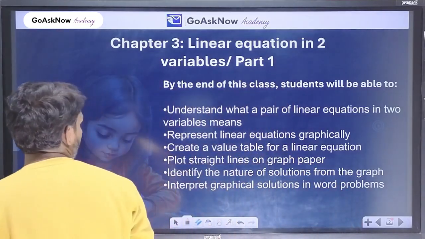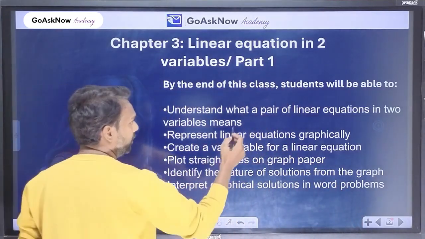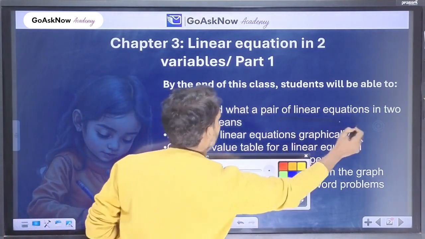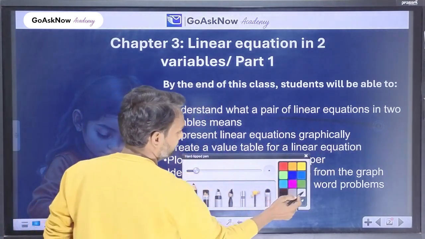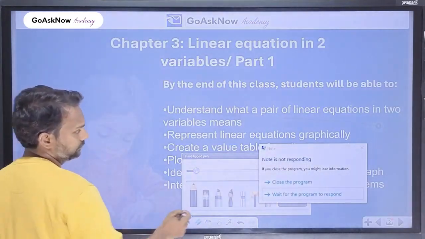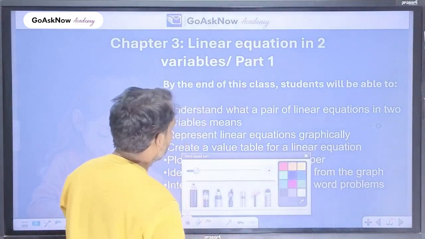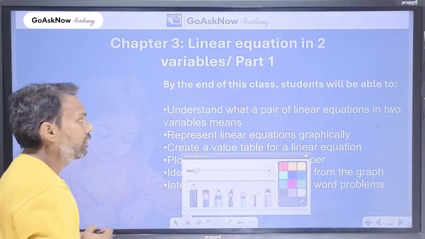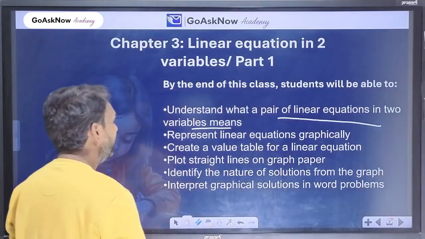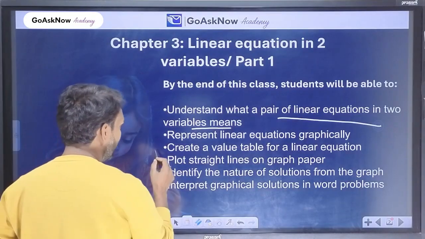In this class, we will understand what a pair of linear equations in two variables means. After that, we are going to represent a linear equation graphically, and then we will create a value table for a linear equation.